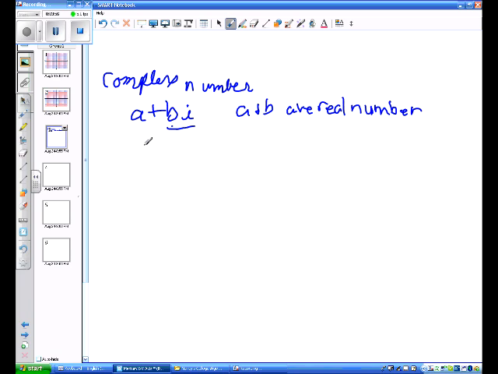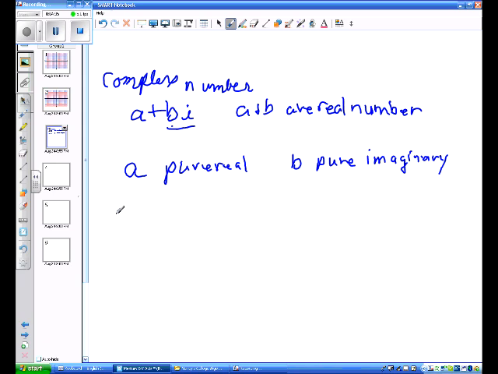Every number we know today is a complex number. If it only has the a part, that's pure real. If it only has the b part, then it's a pure imaginary. So they have special names if they're just pure real or pure imaginary, but every number is a complex number.